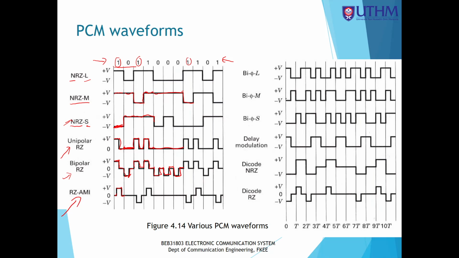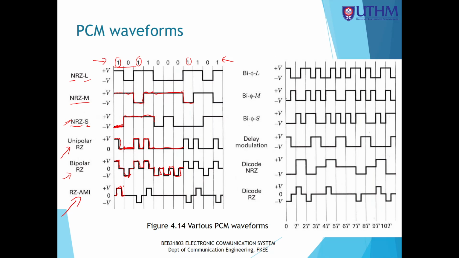So kalau kamu perhatikan untuk return to 0 dia adalah separuh masa. Okay, half of the bit time will be used to return to 0. Okay, ini dipanggil bit time, masa untuk satu bit.